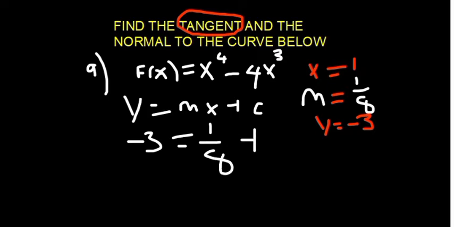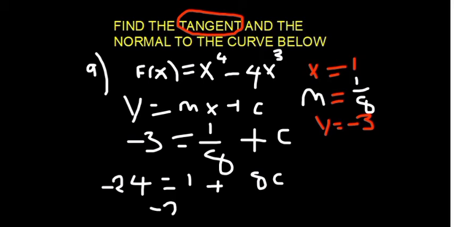Okay. So to make our calculations easier, we multiply by 8 on both sides. We are going to have negative 24 this side. And here we're just going to have 1 plus 8c. So trying to make c the subject, we're going to have negative 24 minus 1, which is negative 25, equal to 8c.